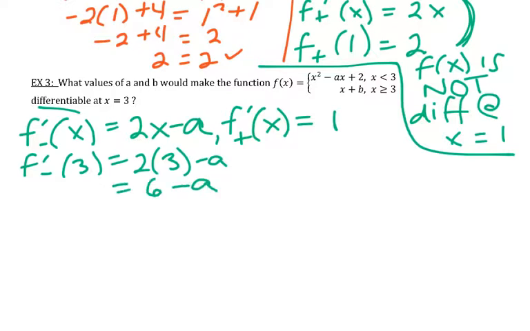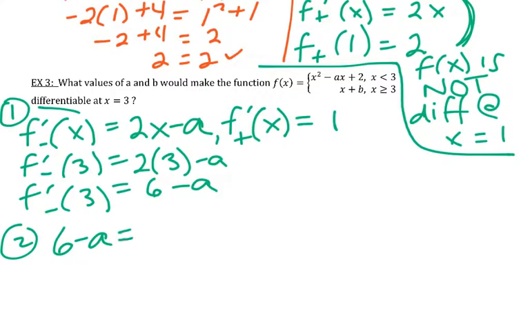So the right-hand and the left-hand side here should be equal in order for this to be differentiable. So we can set these equal. So step 1, step 2, now we're saying 6 minus a has to equal 1. So subtract 6 from both sides.